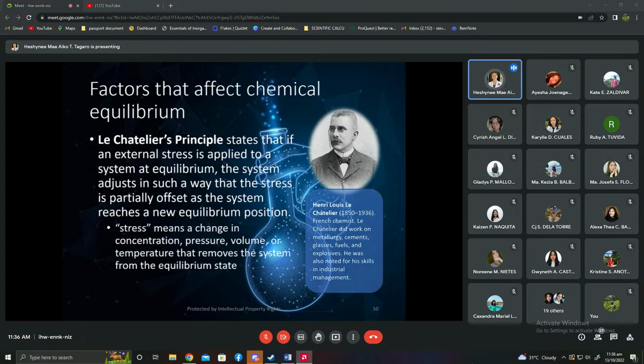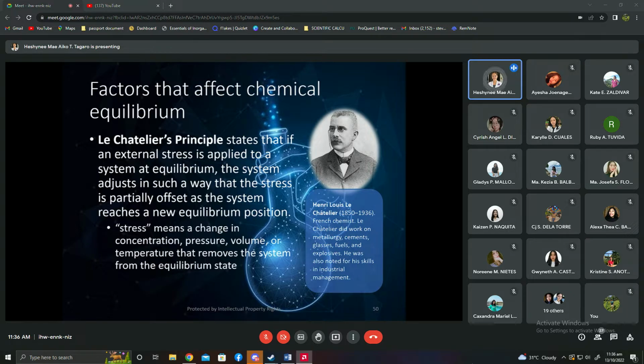So your Le Chatelier's principle is very helpful in telling us which direction the system will shift in order to counteract the stress. So we will use Le Chatelier's principle in all the factors that we will be discussing.